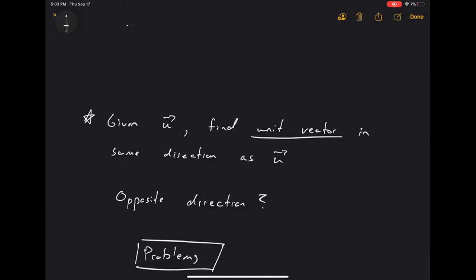For those of you who can't see the poll, if I have this vector, what do I multiply it by to get a unit vector pointing in the same direction?